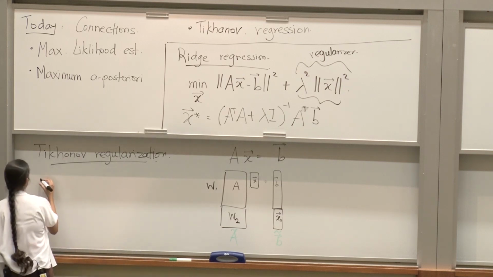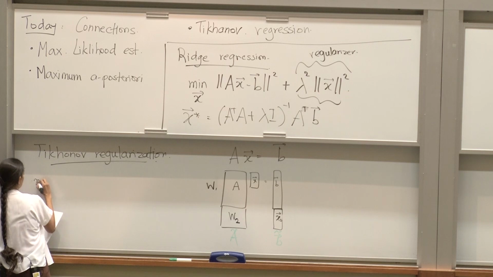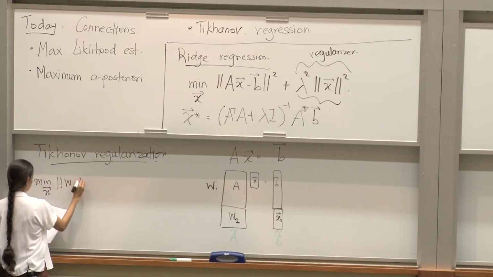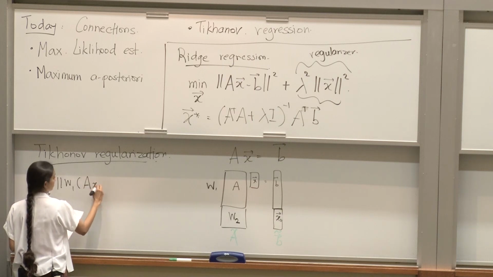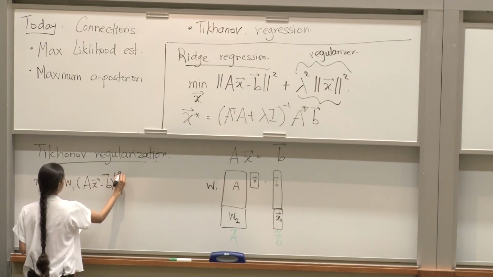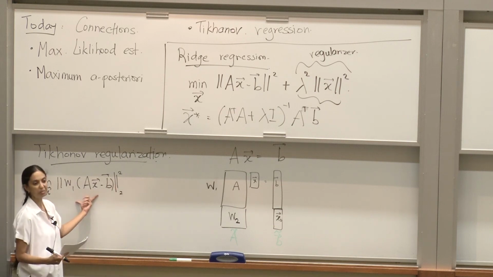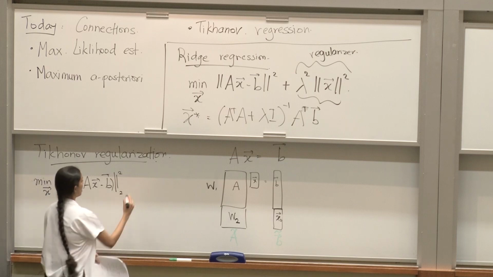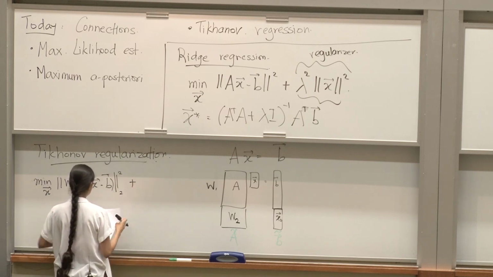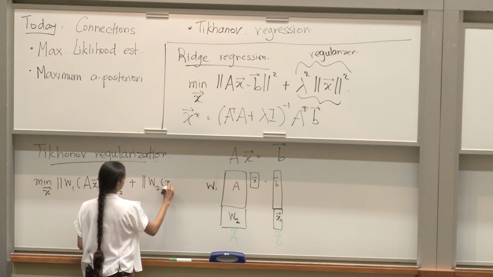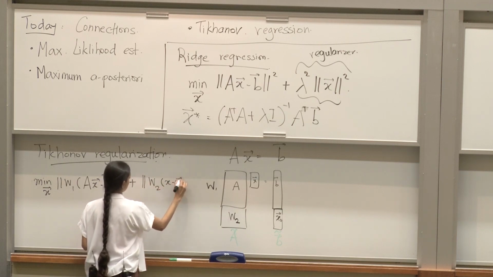And so, I might write an optimization problem such that min over x, w1, let's say Ax minus b squared. So, I care more about minimizing the error in some components than in others, and maybe plus some w2 x minus x naught.